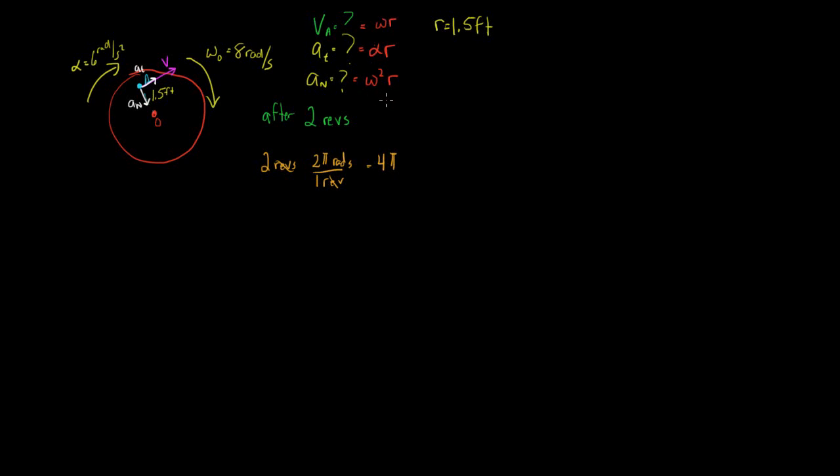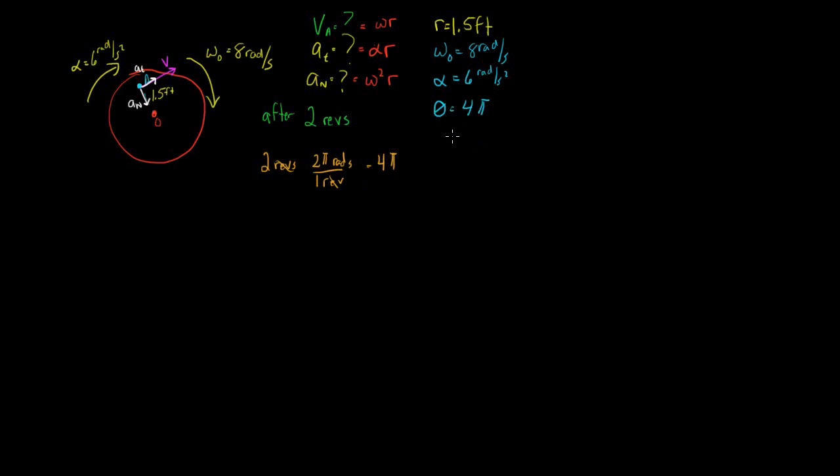Now, these equations right here are based on a final angular velocity. Since this is rotating with an initial angular velocity and it has a constant acceleration, we have to figure out what the final angular velocity is in order to use these equations. We know our initial angular velocity is 8 radians per second, our angular acceleration is 6 radians per second squared, and our angular displacement is how far this entire disk turns, which is 4 pi.